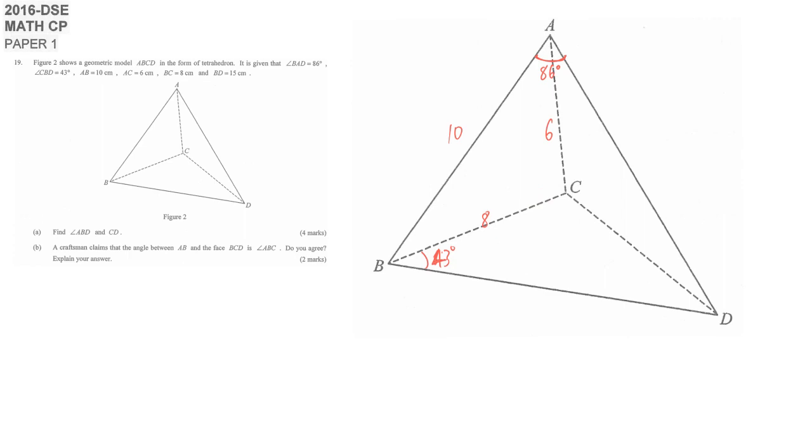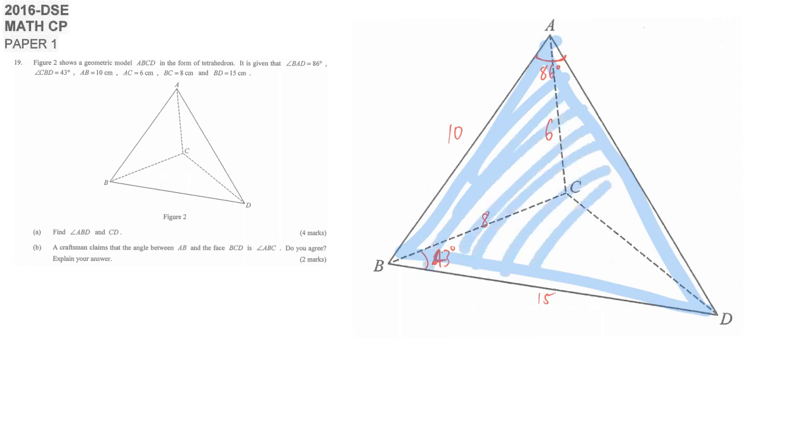And then BD is equal to 15. We have to find out angle ABD. That means we are interested in this surface, the closest surface towards the reader. If we draw the triangle first, ABD, we know this is 86 degrees, this is 10, this is 15.